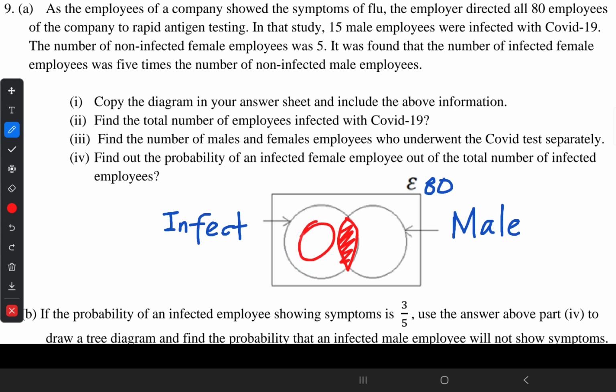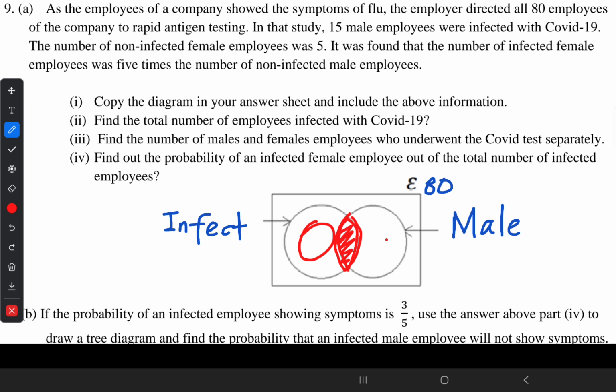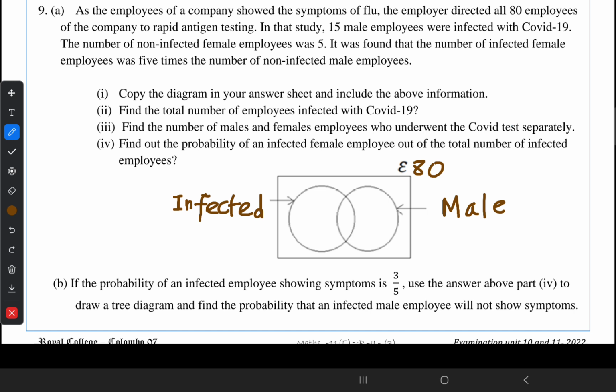The remaining would be non-infected male, and outside of that, non-infected female. Okay, our classification and subdivisions are okay.